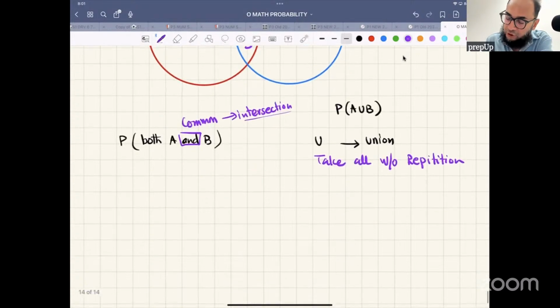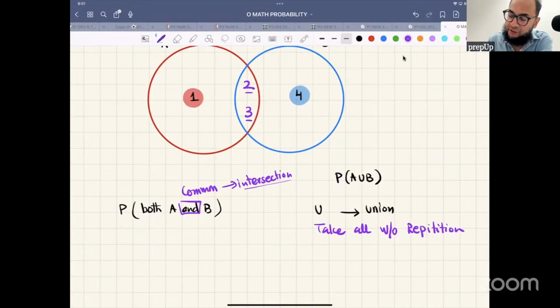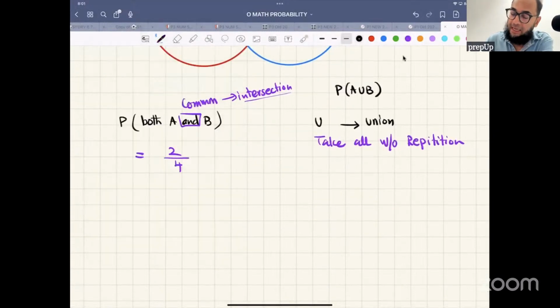So if we are talking about intersection, there are two numbers. So I'll write this is 2 out of 4. There are two numbers out of 4. That is half.